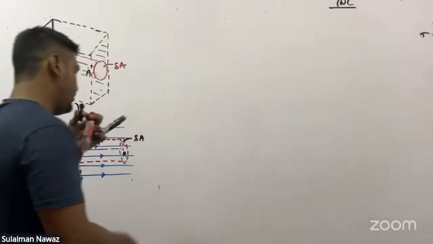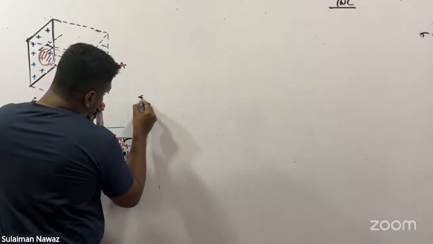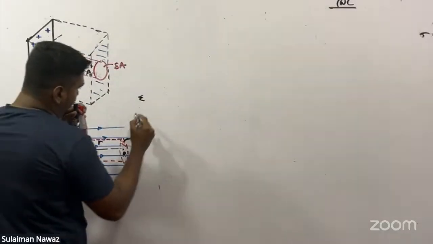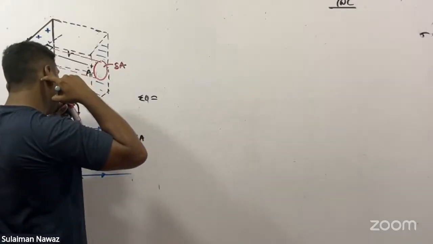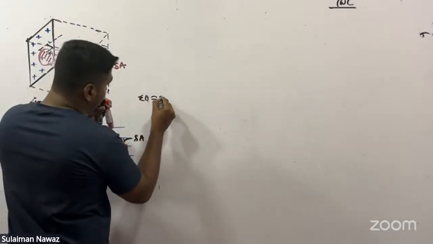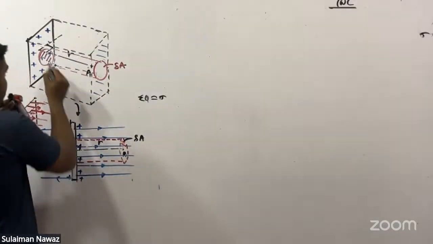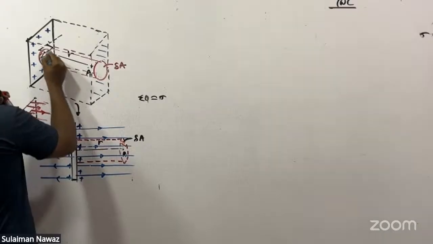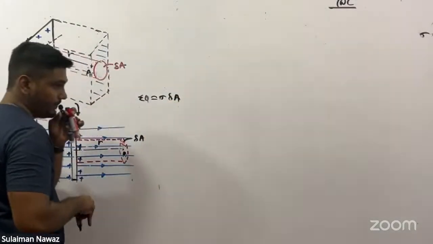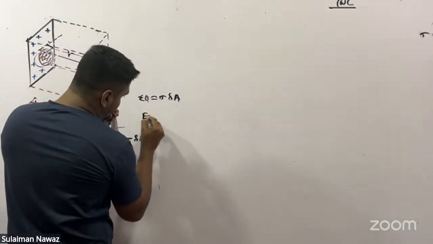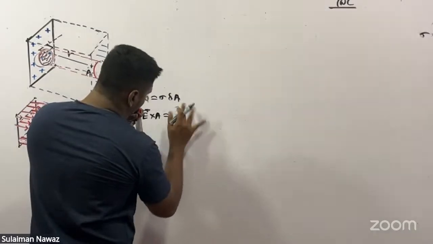Then you can tell that the total charge inside the Gaussian surface, sigma Q, is going to be the area charge density sigma times the area, delta A. Only this area. The charge is only in this area. When you apply the equation, intensity times area must be equal to Q over epsilon.